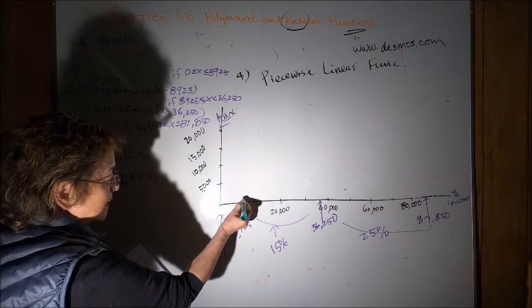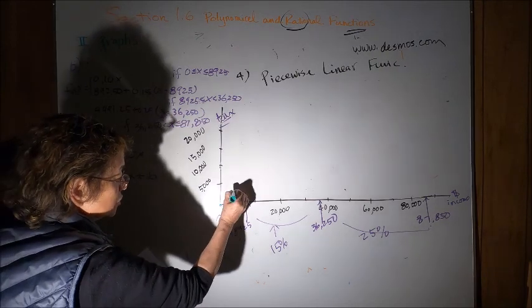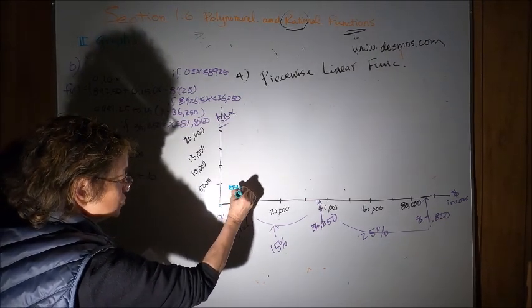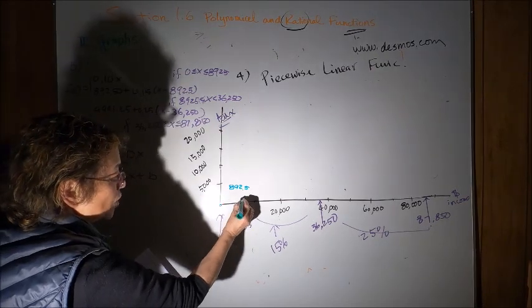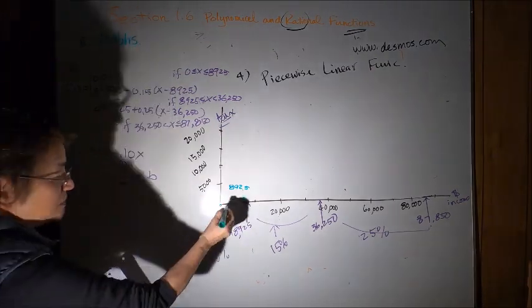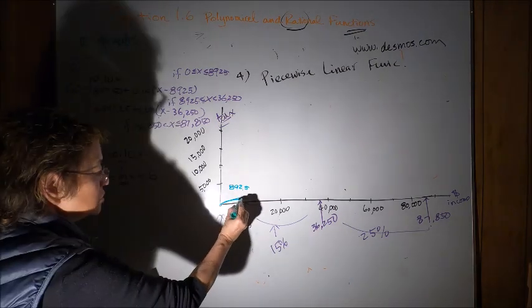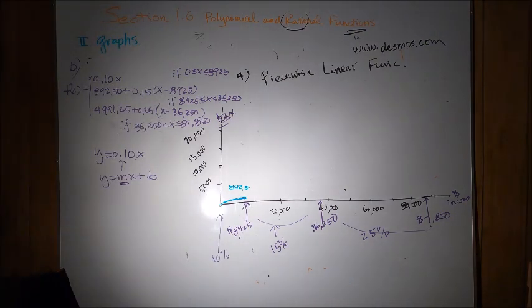So that means when you make this much, you pay tax 892.5. That's your Y value. So at the 10% rate, your shape for the linear will be that way, right?